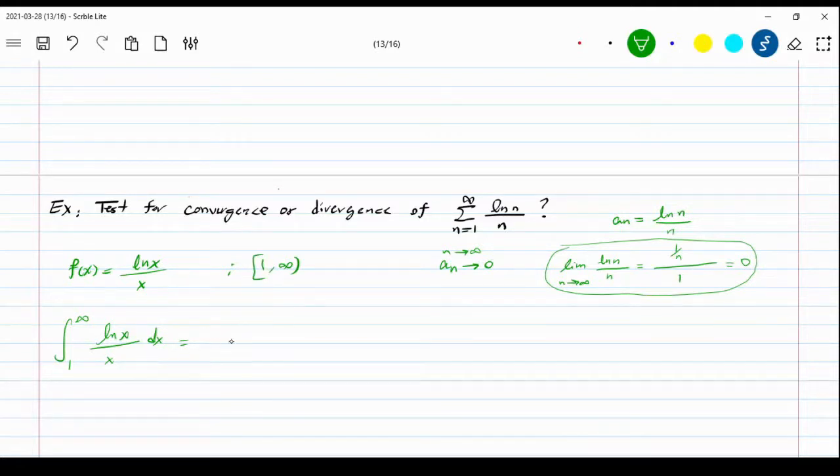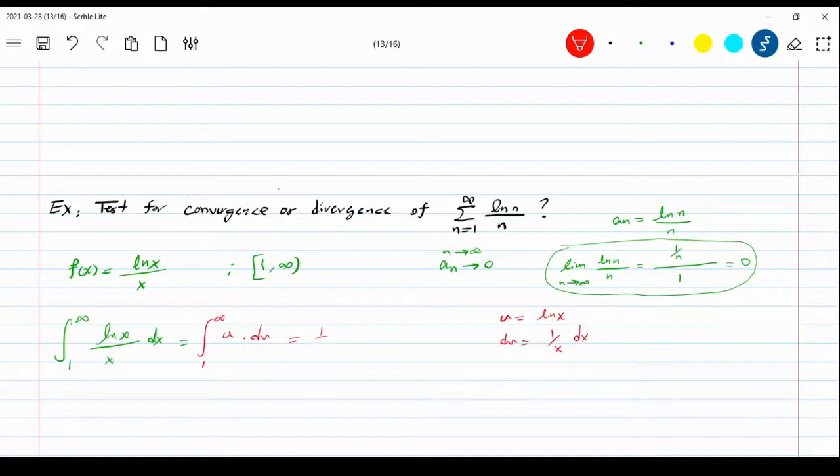And now if I calculate this using substitution, u equals ln x, du would be 1 over x dx. So what we have is the integral of u, instead of dx over x, I can write du, from 1 to infinity. You can update the boundary, and calculate this.